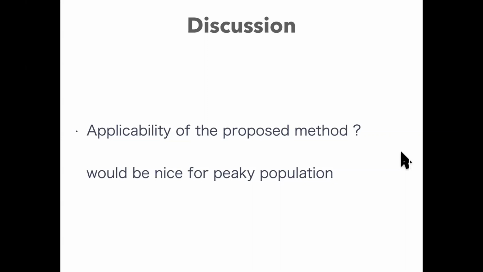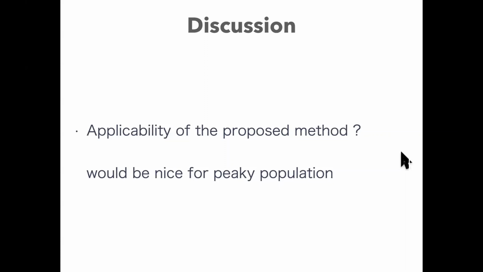PCA is based on variance, and this justifies the complete success of classical PCA for Gaussian distribution. And our method is based on model estimation, and it would work nicely when the model estimation is easy.